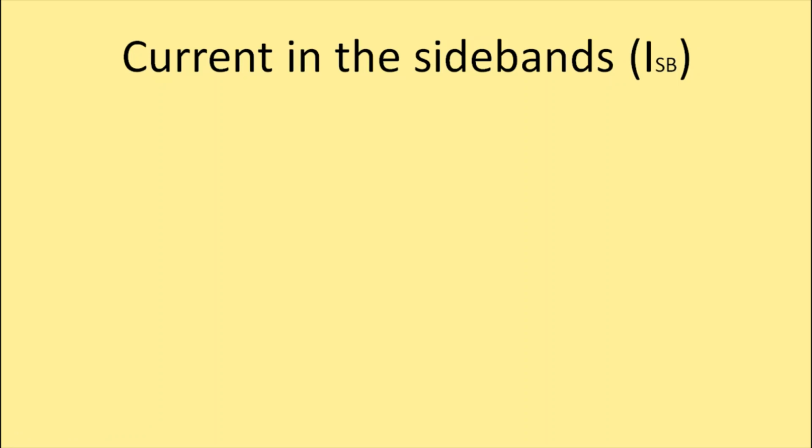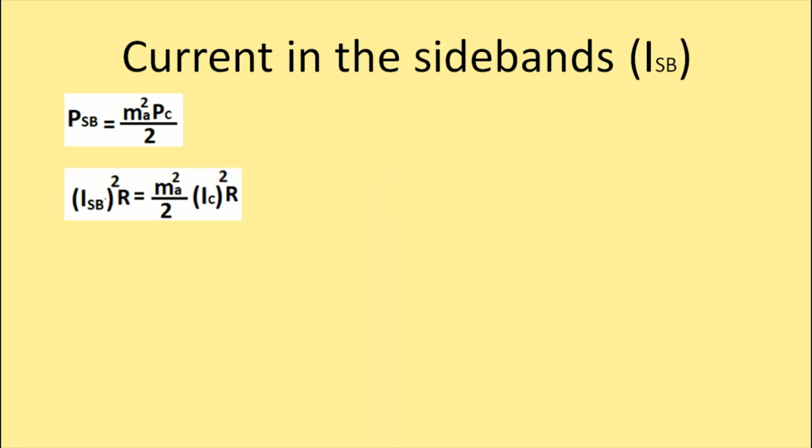Moving to the current in the sidebands, ISB. SB stands for sideband. We will get back to our PSB equation, which we derived as PSB is equal to MA square PC by 2. So now here, again representing the PSB in terms of I and R, I have it as ISB square into R. PSB is power in the sideband, ISB is the current in the sideband.